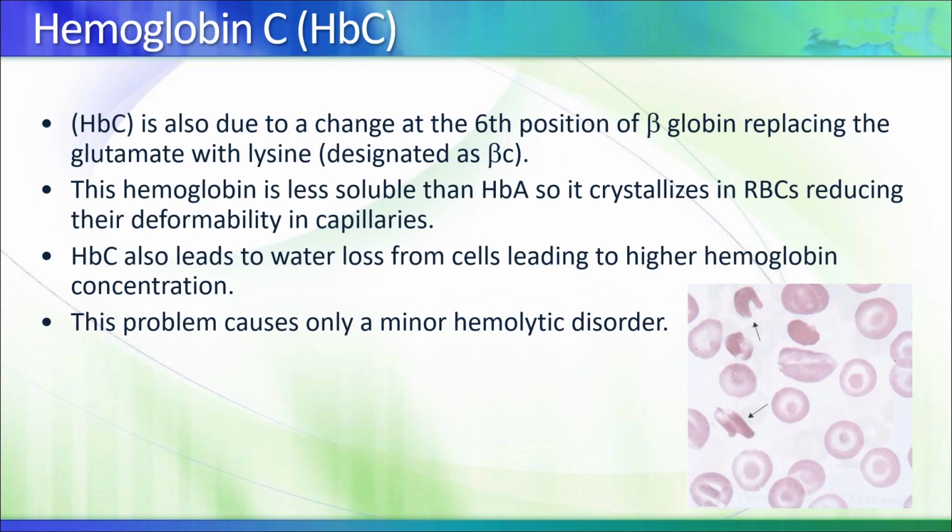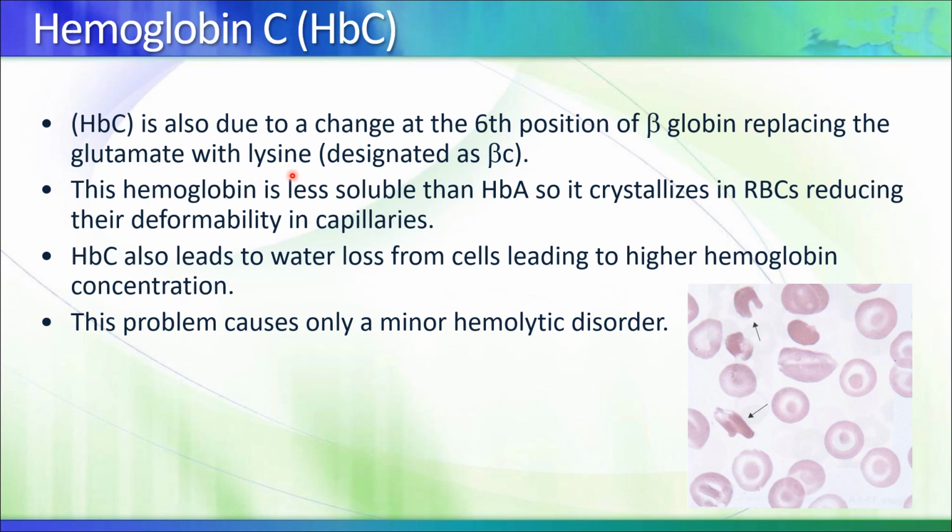So another qualitative hemoglobinopathy is known as HBC, where basically you have a single point mutation that changes the glutamate at the 6th position, which is exactly the same as sickle cell anemia or HBS, except that it does not change to valine, it changes to lysine.